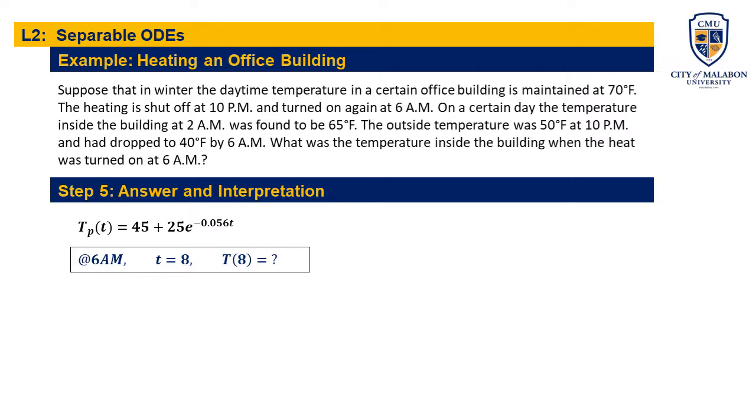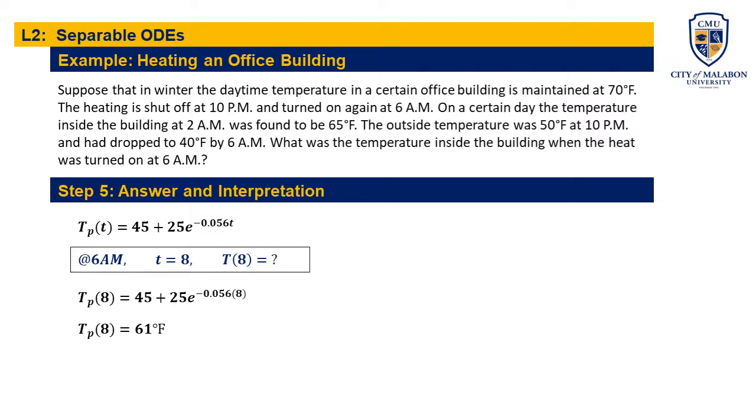So the question is, what is the value of temperature when the time is equal to 8 hours after 10 p.m.? Substituting the value of t to this particular solution, we will come up with a temperature equal to 61 degrees Fahrenheit. What we can interpret in this answer is that after 8 hours, from 70 degrees Fahrenheit, the temperature dropped by 9 degrees Fahrenheit.